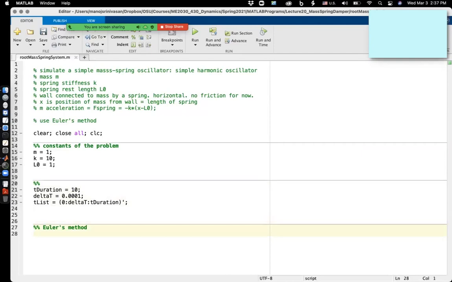Okay. The apostrophe there on your t list. There's an apostrophe here. Yes. That was intentional. This is a row vector. I'm just converting it into a column vector with the apostrophe. Oh, I see. Yeah. It just so happens that I like column vectors. The apostrophe does a transpose.